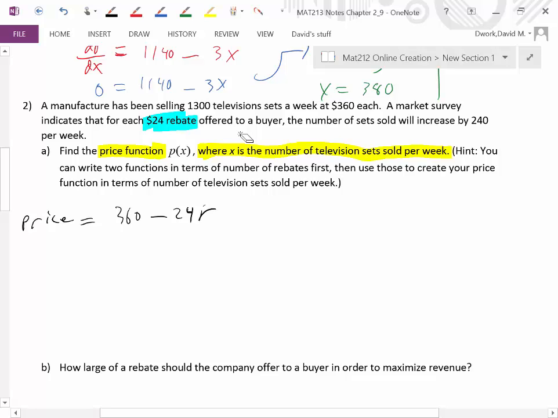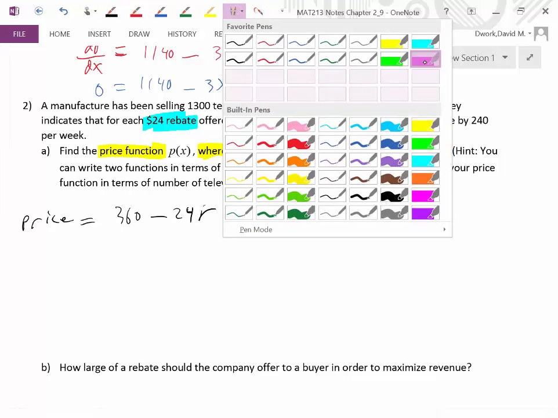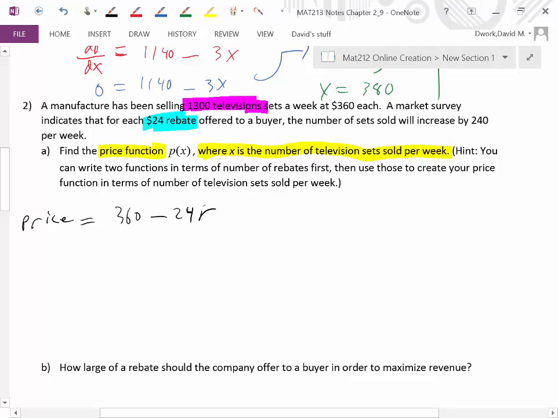So let's keep reading and say, all right, we definitely need another equation. The next part says that the number of television sets, this was the price, which was 360, but now we're also looking at the number of sets. The number of television sets here was 1,300 TVs. What variable do we have to talk about the number of sets?